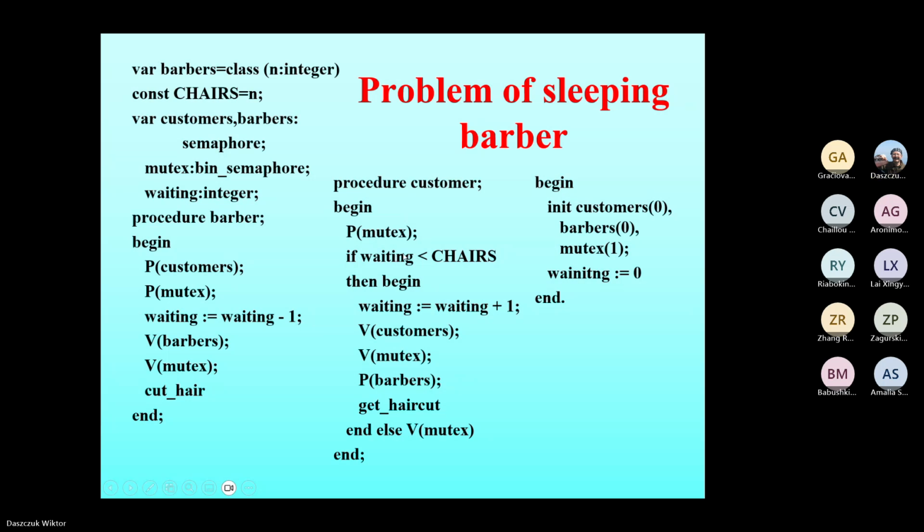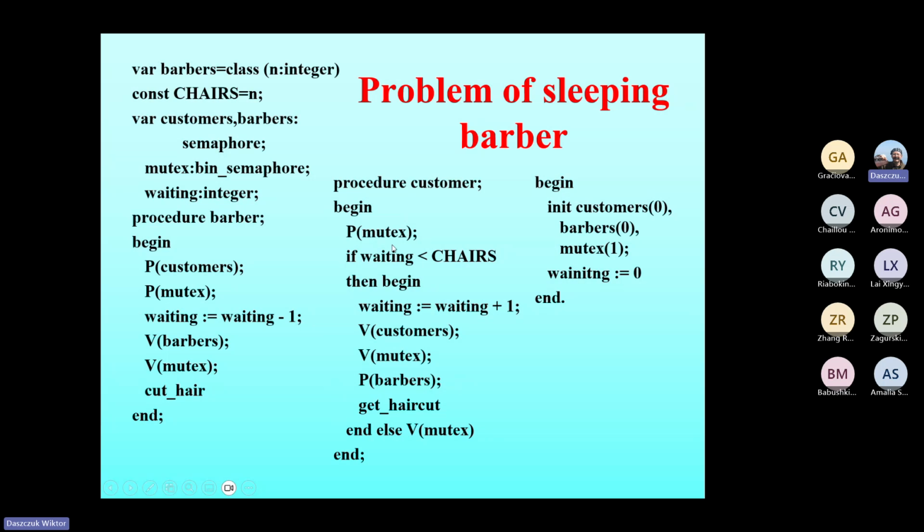The maximum is when the number of waiting equals chairs. So if it is greater or equal to chairs, we skip over the entire operation and execute V of mutex.